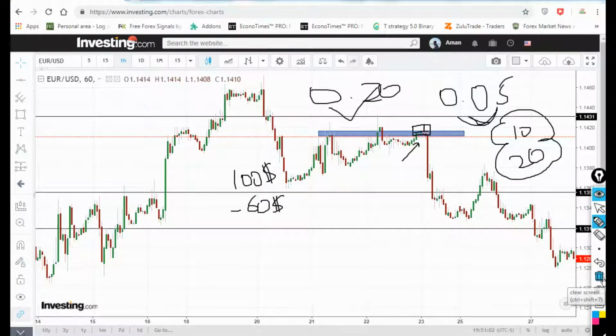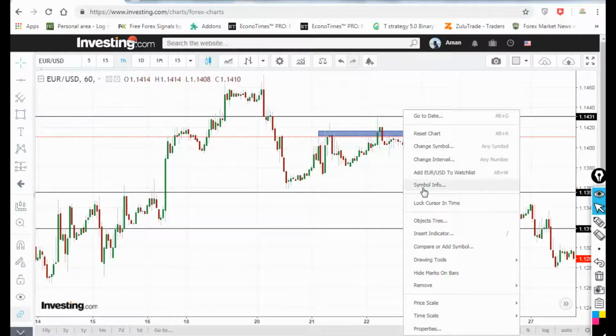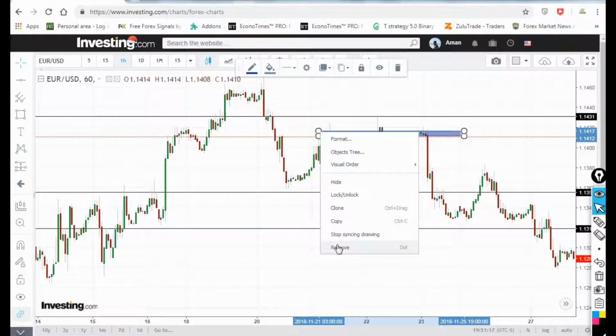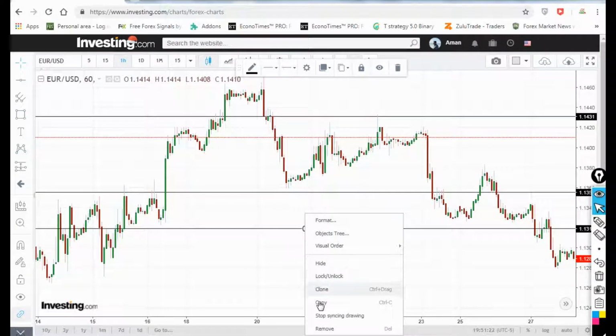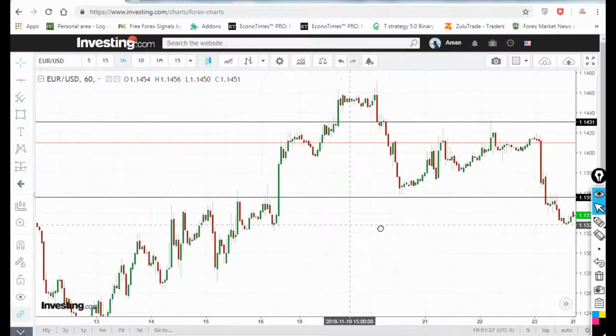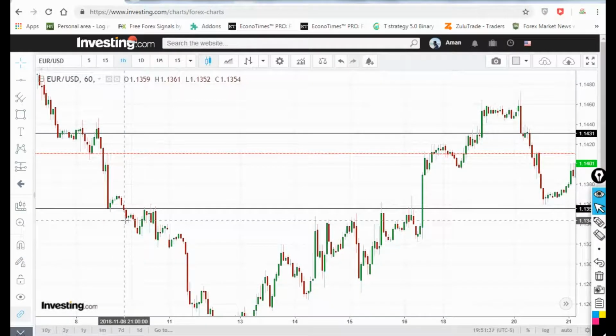So back to the topic. Let me remove this so we easily understand our first part. Now you see that this zone is not a valid zone, or it's not in a true way. If we look back at our zone, you see the market stops exactly at this zone and then breaks down.